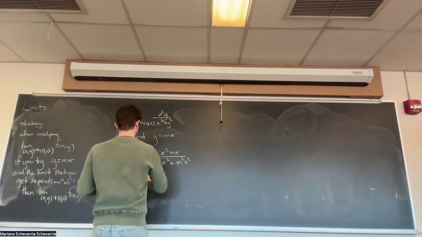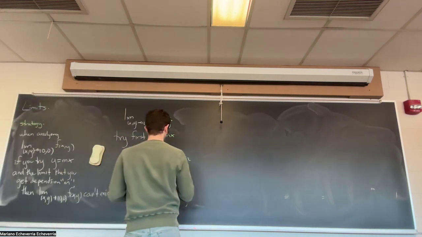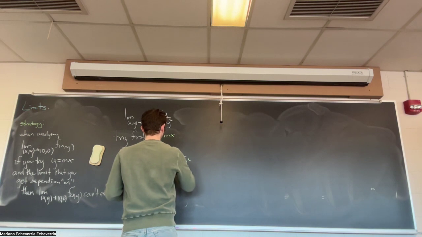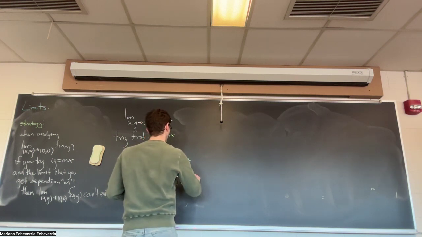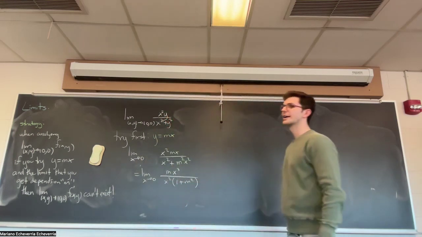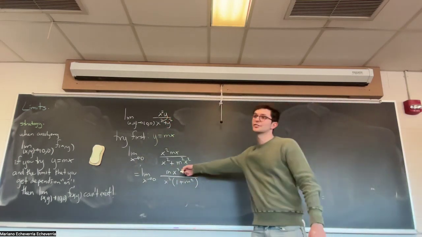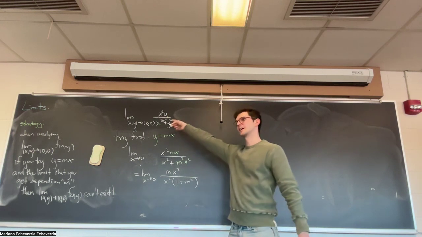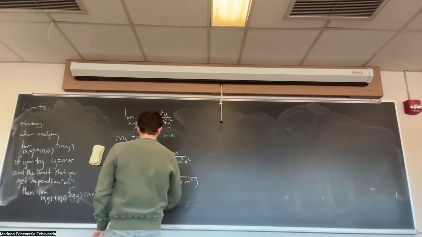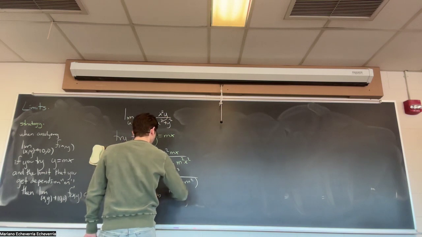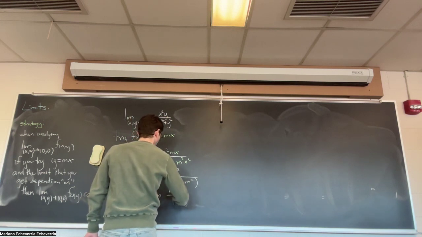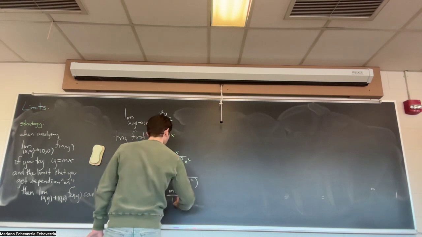You get mx cubed divided by x squared; I'm factoring an x squared, so I'll put 1 plus m squared. Now I can cancel the x squares, but there's a survivor in the numerator because I increased the degree of x. So the limit as x approaches 0 of mx divided by 1 plus m squared.